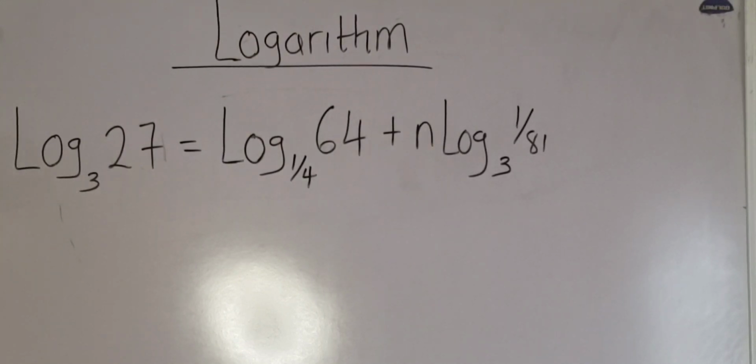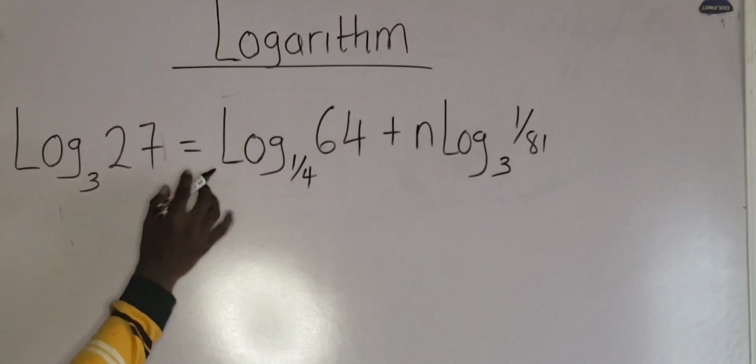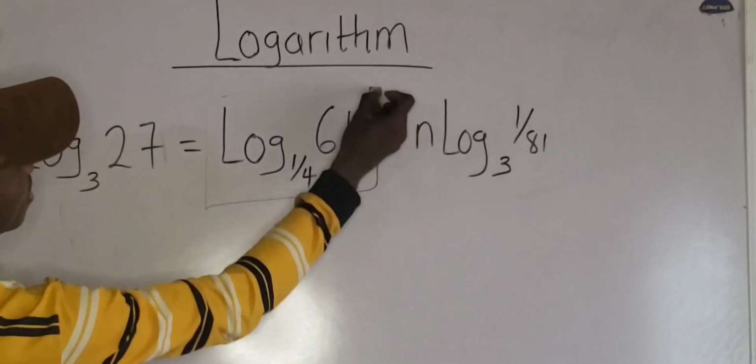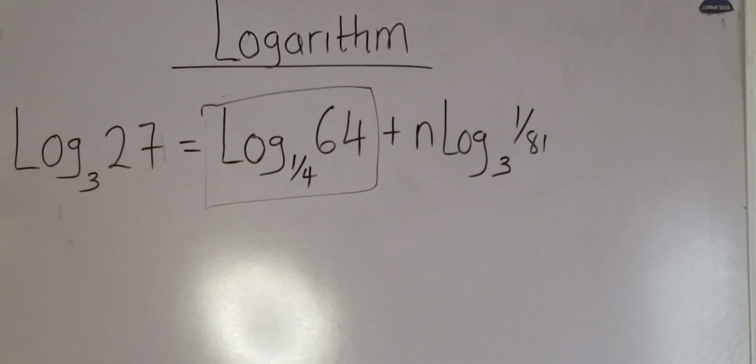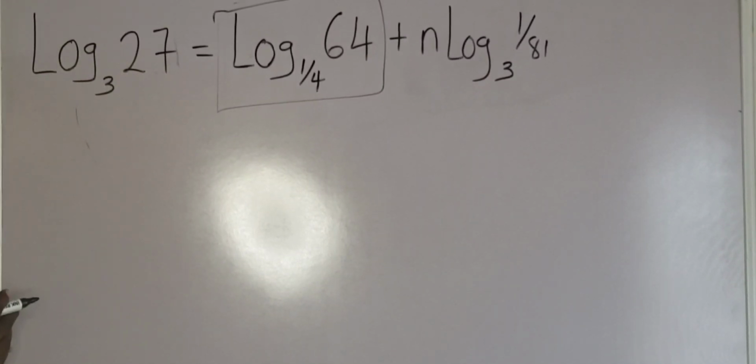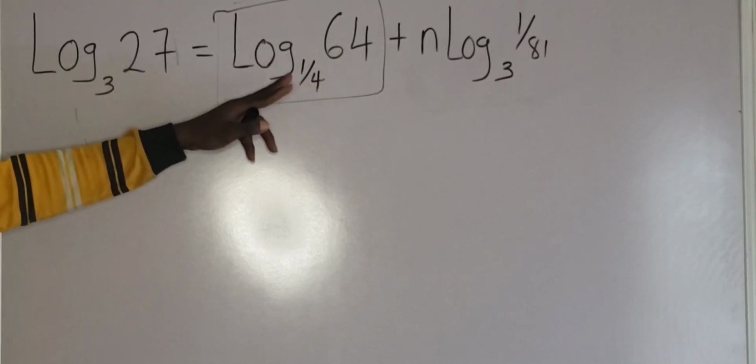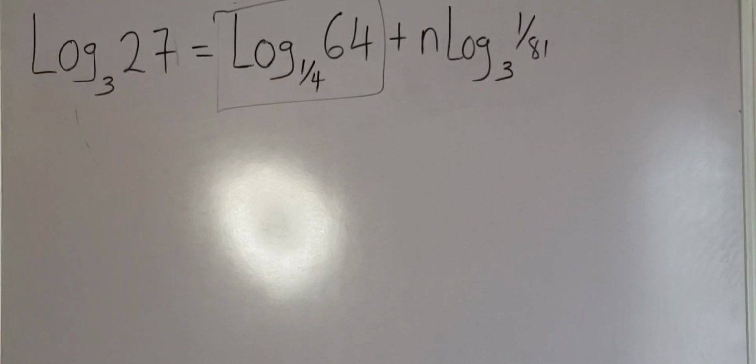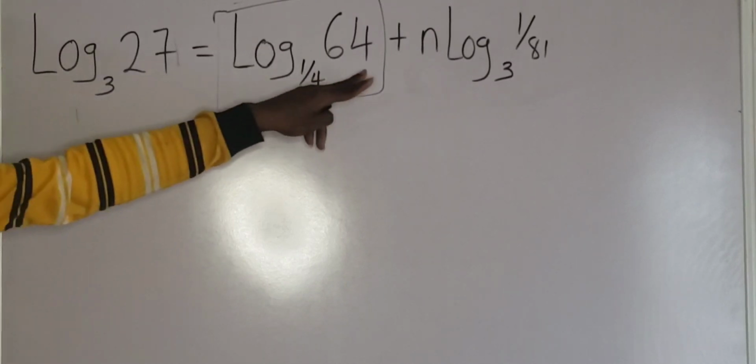Okay, let's proceed. So let me simplify. I want to bring this out. So I'm going to simplify log 64 base 1/4. Now I want you to pay attention. In order to simplify log 64 base 1/4, I will have to use the base that will enable me to simplify the function.